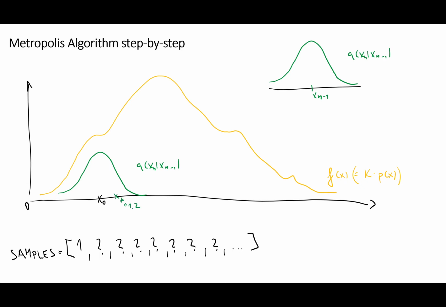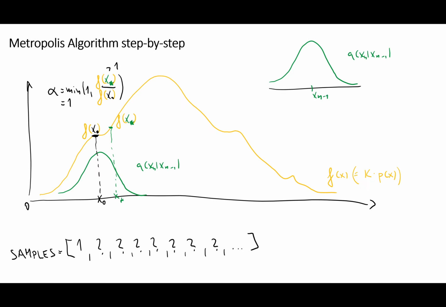And now we are not accepting this sample yet. We have to decide whether it's smart to accept it. So how is the smartness decided? Basically we assume that f(x) can be evaluated at each point, and therefore we now look at the values at the points x0 and x asterisk, and compute the fraction between these two: f(x*) over f(x0).